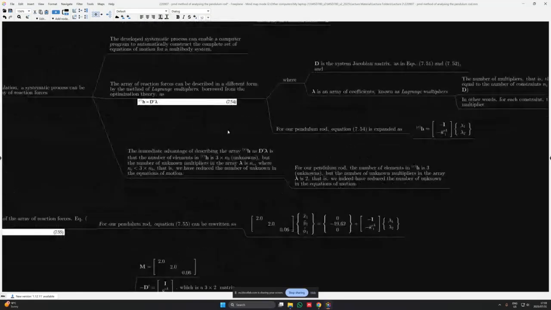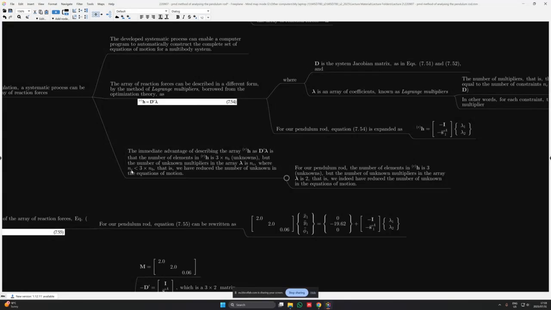Now, the immediate advantage of describing the array HR as D prime lambda is that the number of elements in the reaction force vector is 3 times the number of bodies, but the number of unknown multipliers in the array lambda is NC. So we know that the number of constraints has to be less than 3 times the number of bodies.